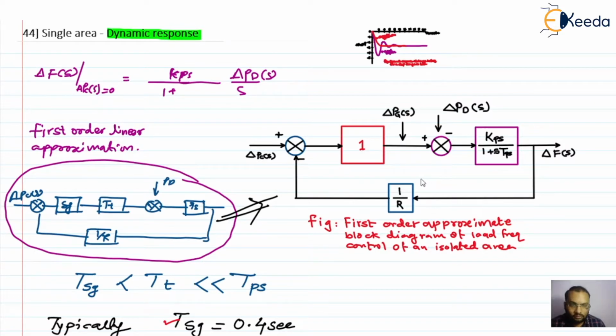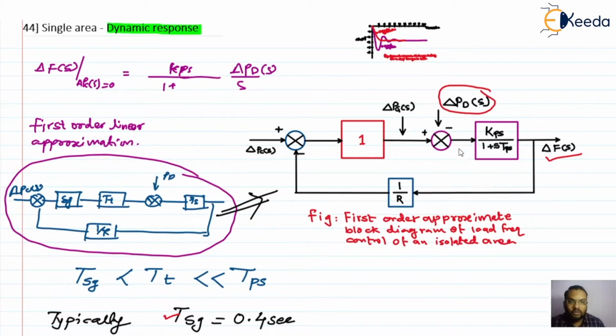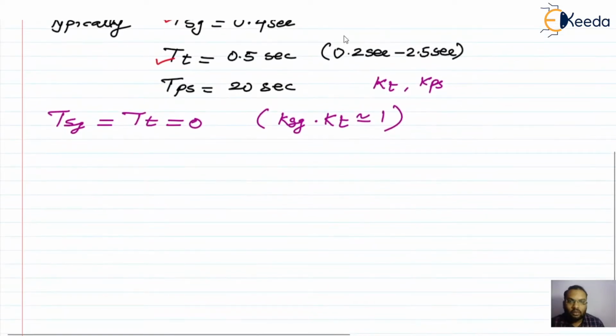Now in this block diagram, let us see how the frequency will change for a small change or linear increment in the power demand. We have to observe how the frequency will change. Looking at this block diagram, let us write those equations. We can write delta f of s.